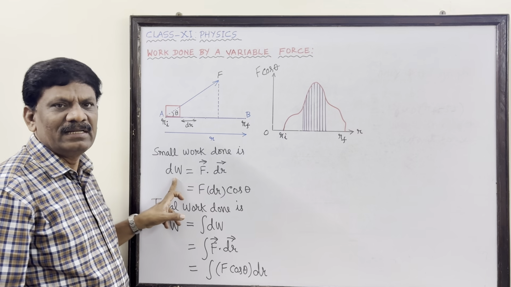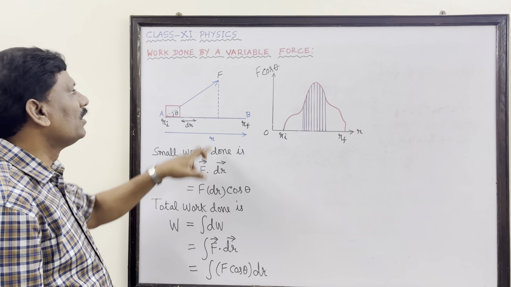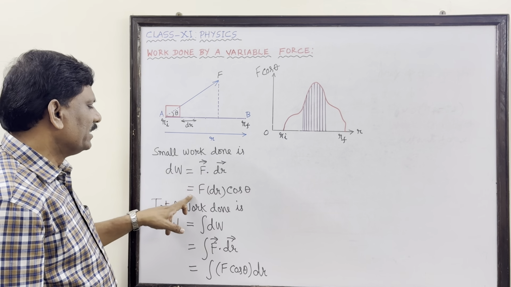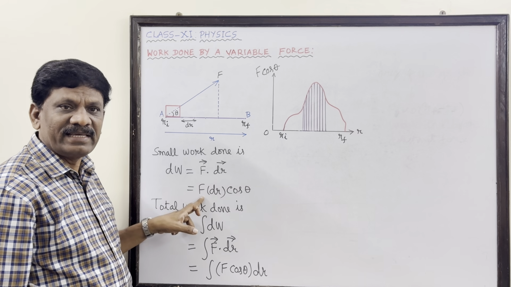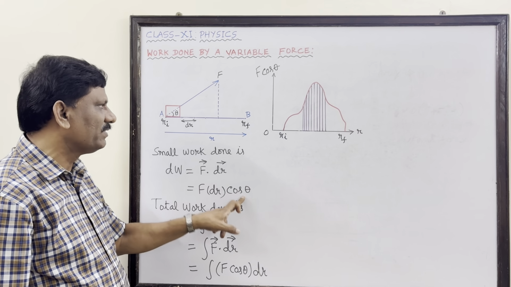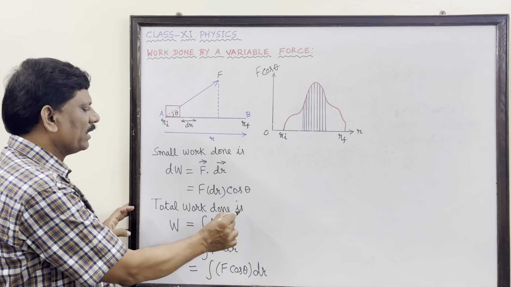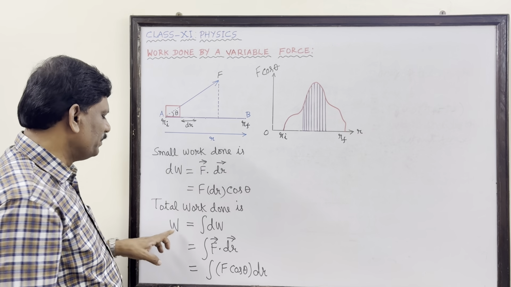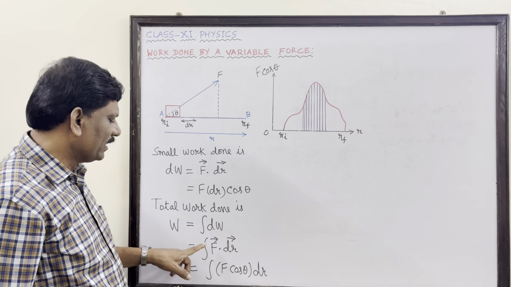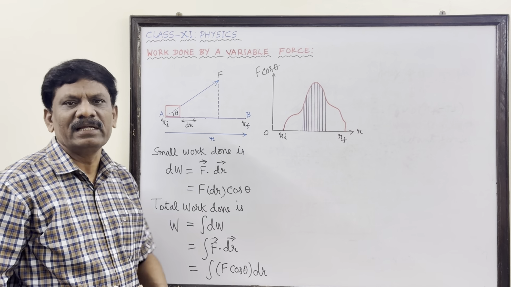So dW is the small work done for a small displacement dr. This is equal to F dot dr, and the dot product of these two vectors will be a scalar, that is equal to F into length dr into cos theta, where theta is the angle between the two vectors. So the total work done from A to B must be W equal to the integral of dW. Here also it is the integral of F dot dr, that is equal to F cos theta dr.